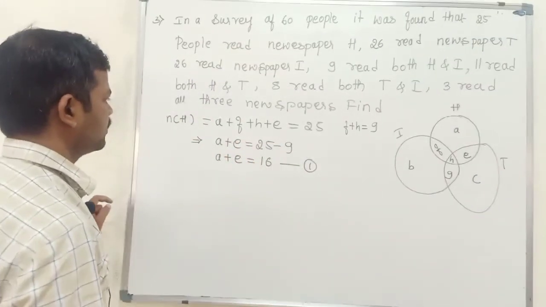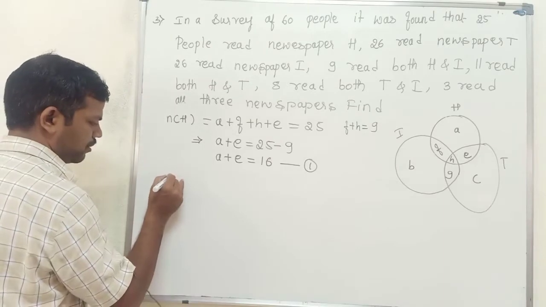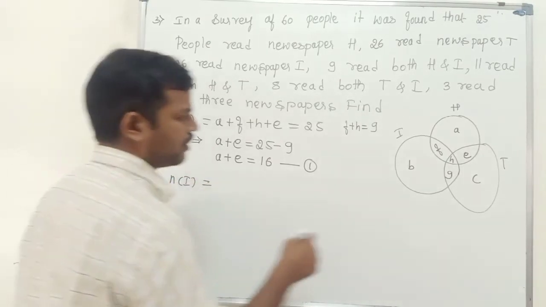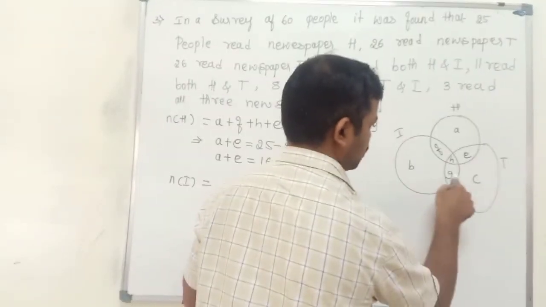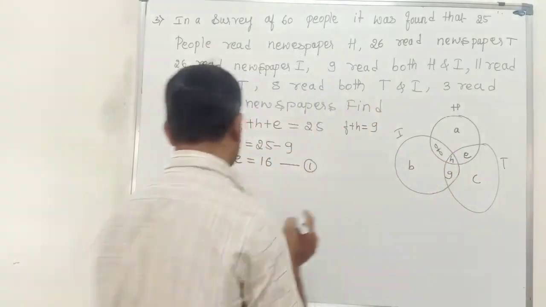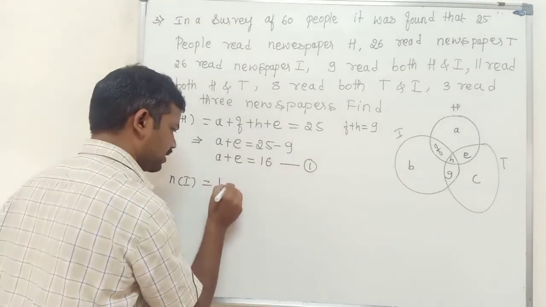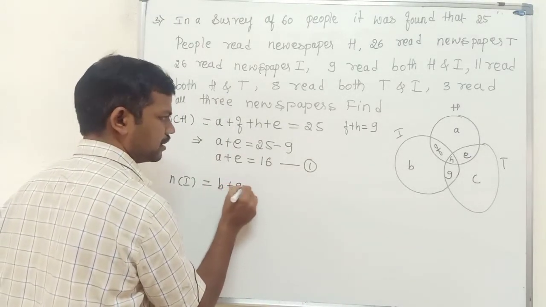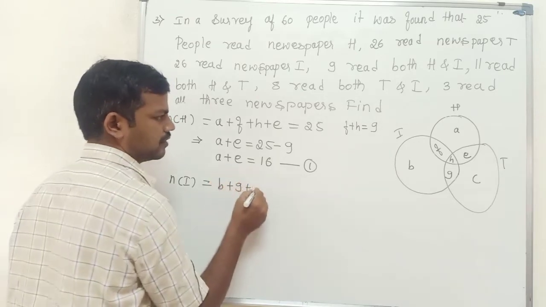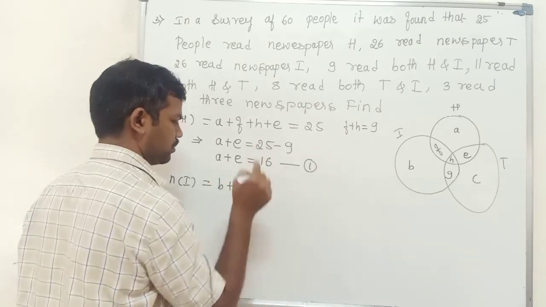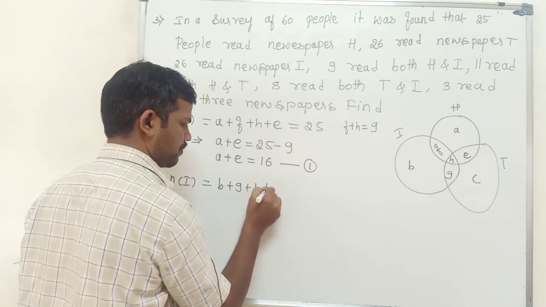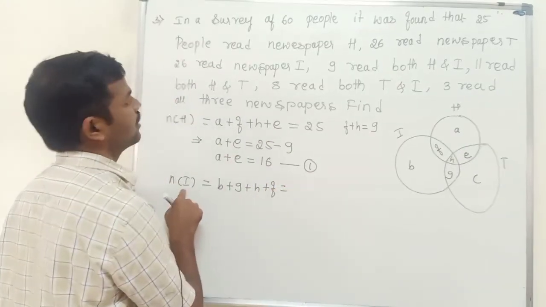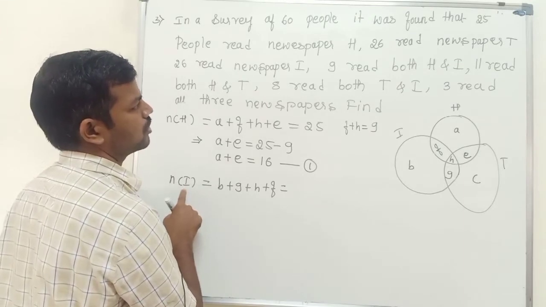Next, what do we do? We know n of I. n of I means, this is I, b, g, h, f. b plus g plus h plus f is equal to, how many people read newspaper I?